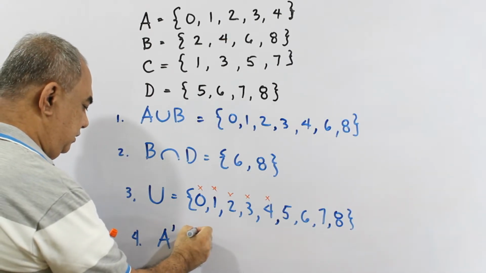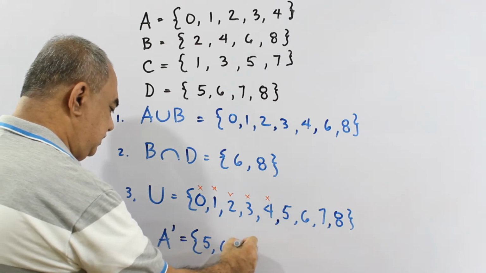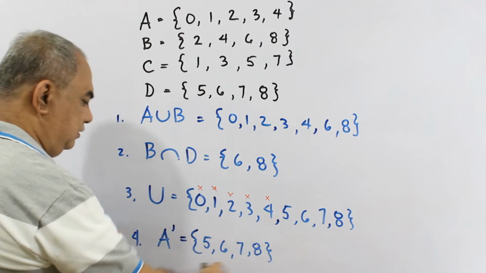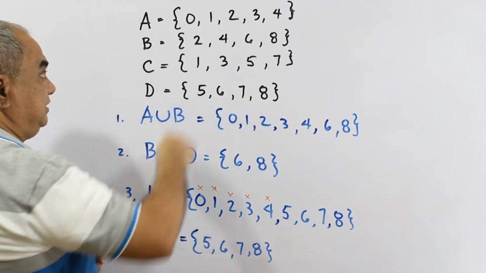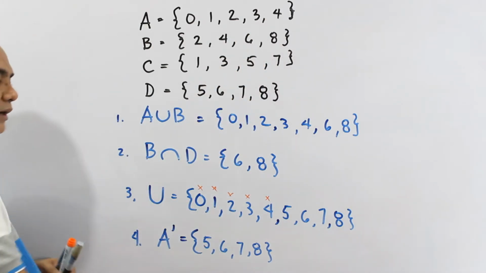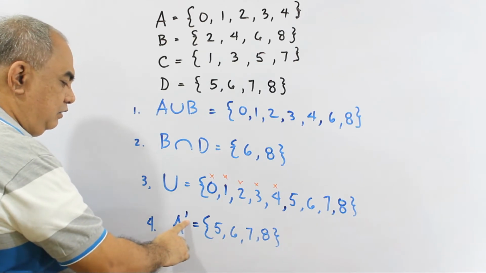And those are 5, 6, 7, and 8. Now to check, all these elements are not present in set A. And this is now our answer. These are the elements for set A complement.